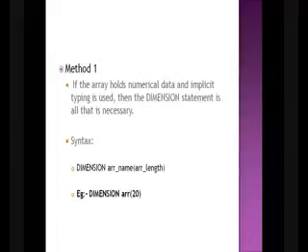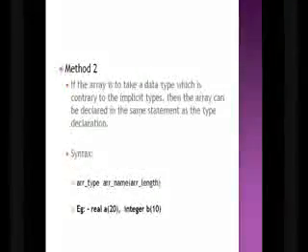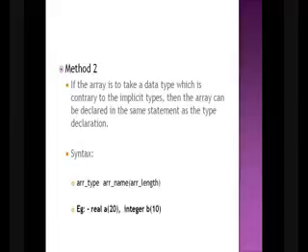In syntax we have to use the dimension keyword followed by the array name and the size within parentheses. If the array is to take a data type which is contrary to the implicit types, then the array can be declared in the same statement as the type declaration. Look at the examples given in the slide.